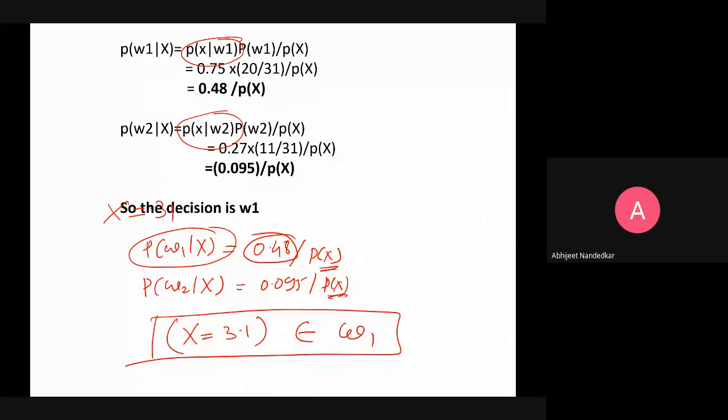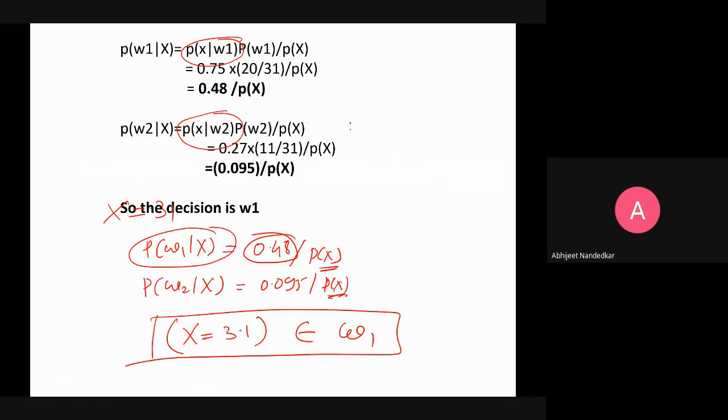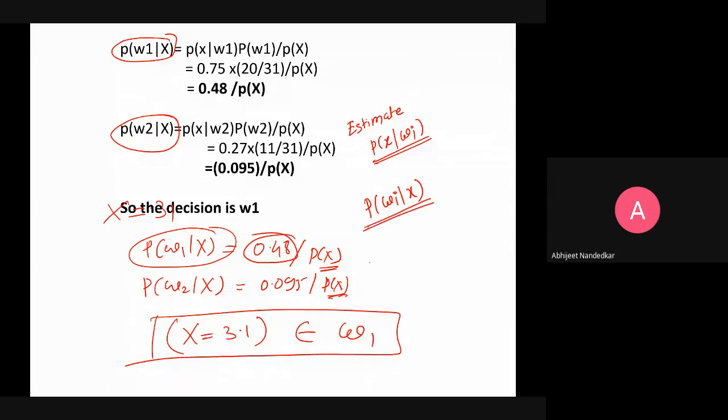Now these are methods which estimate likelihood, that is probability of x given omega i. So this quantity was estimated, and based on that posterior was calculated. Now posterior is what? Posterior is omega i given x. This was calculated and a decision like this was taken.